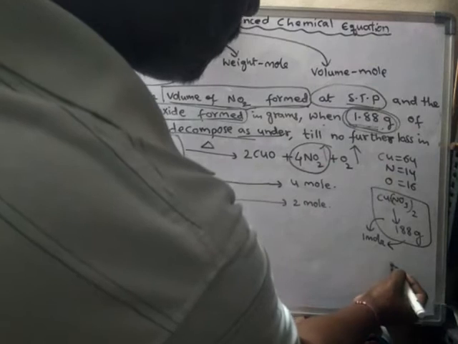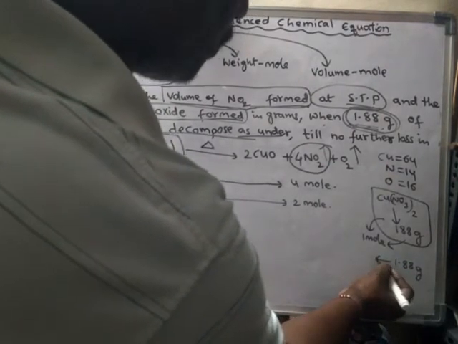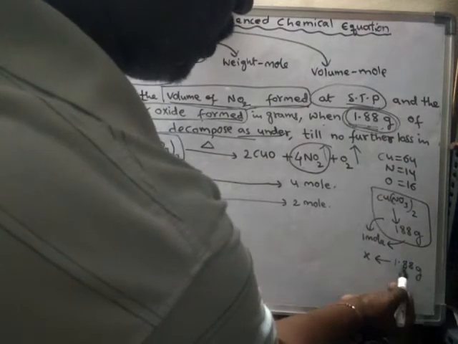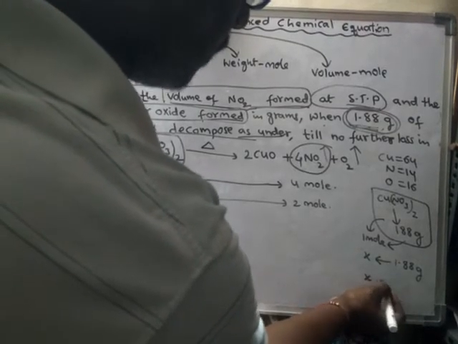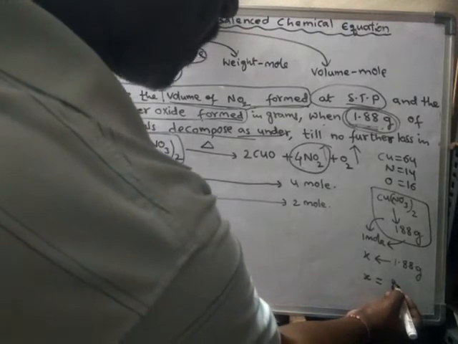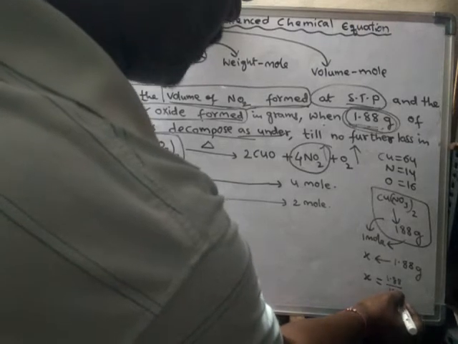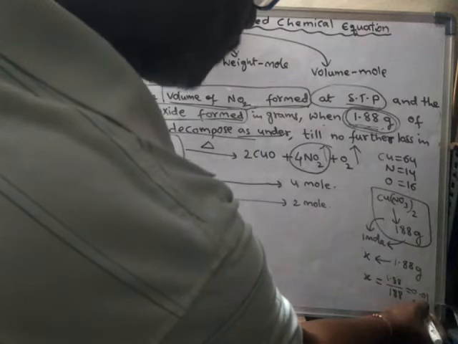So 1.88 grams will be equal to how many moles? 188 grams is equal to 1 mole, then 1.88 grams will be equal to how many moles? Upon cross multiplication, X will be equal to 1.88 by 188. So it will be equal to 0.01 mole.